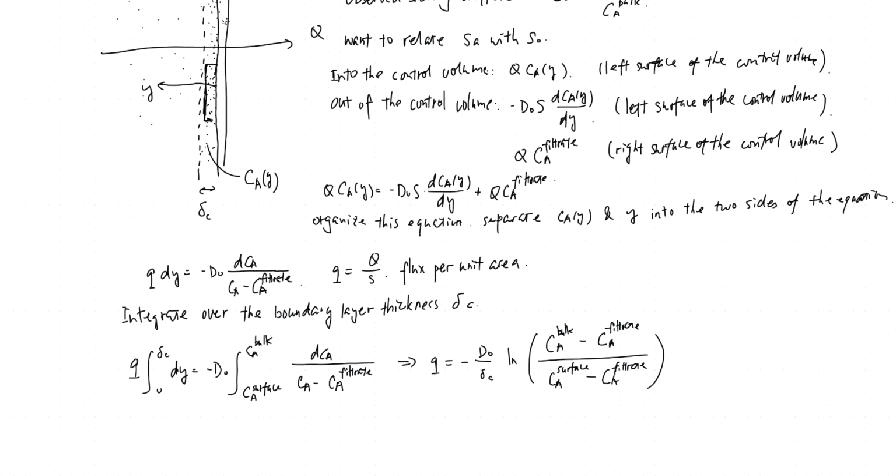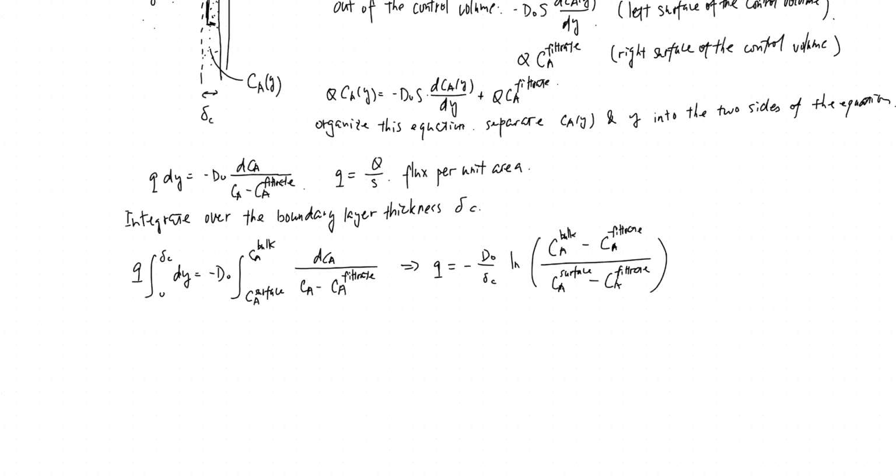Now we have D naught divided by delta C. Actually, if you recall what we discussed earlier, if you have a diffusion coefficient divided by some thickness, you know that this is the mass transfer coefficient. So this is the mass transfer coefficient over the boundary layer.